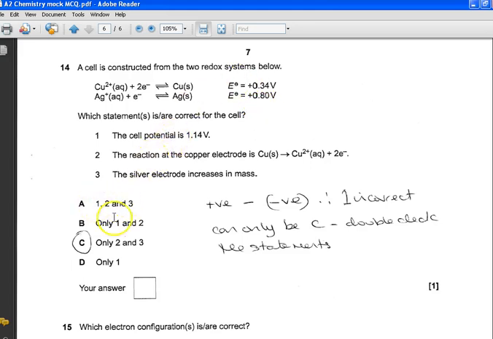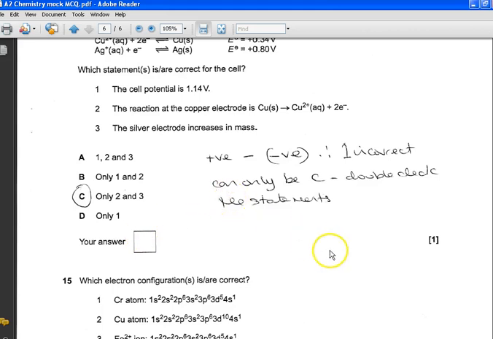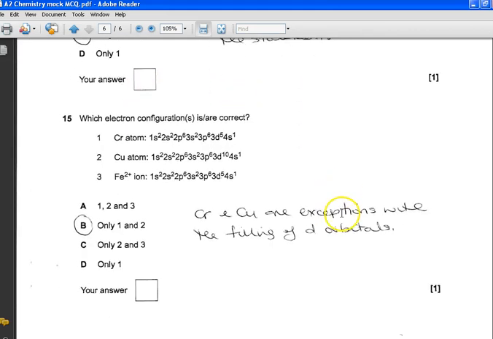So you know that anything with 1 in it can't be. So there you go, only 2 and 3. Pretty straightforward. I've said here, you know, the more positive minus the more negative. So if you quickly did that calculation, that would tell you that number 1 is not correct.